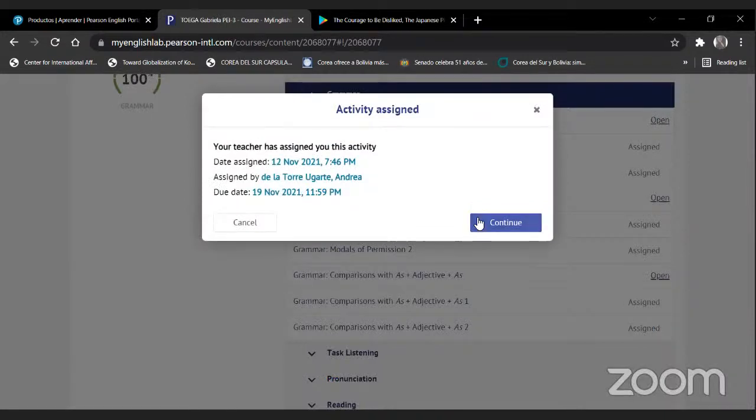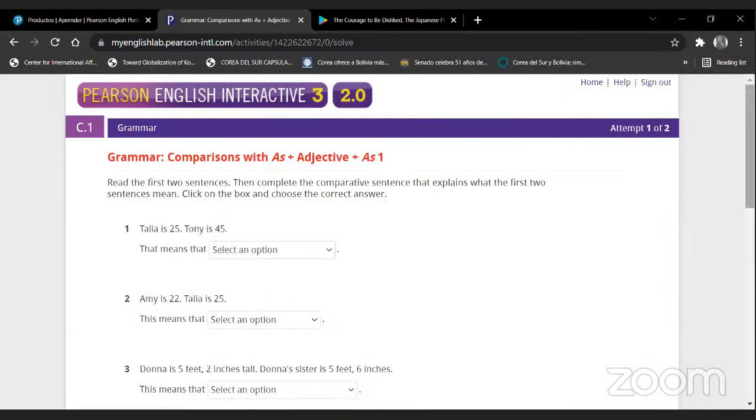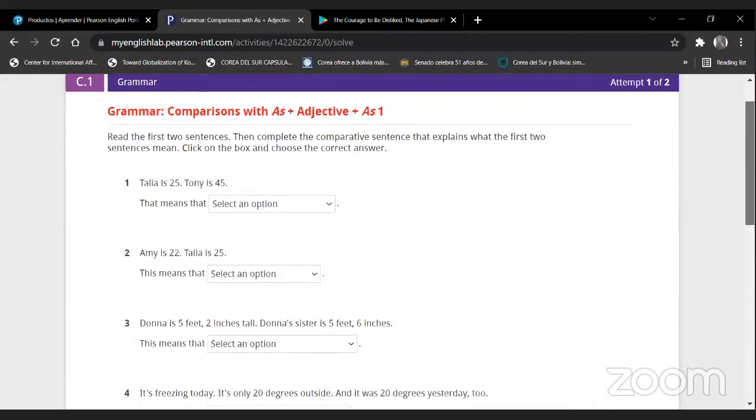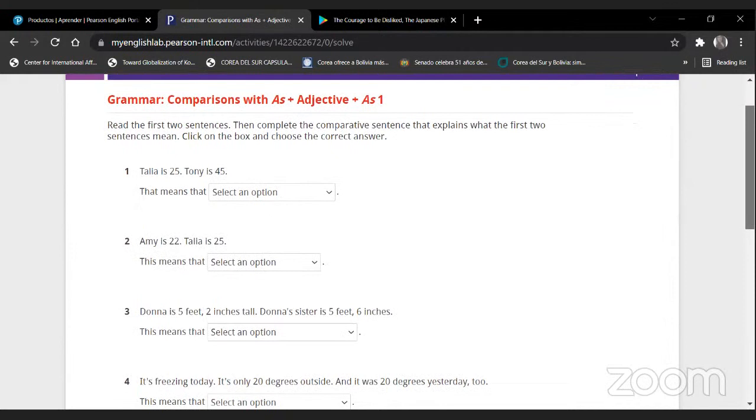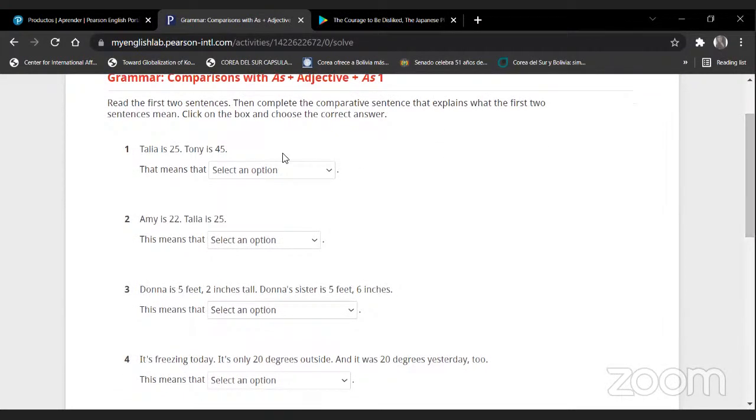Comparison as. Okay, so we have to put what does it mean, right?